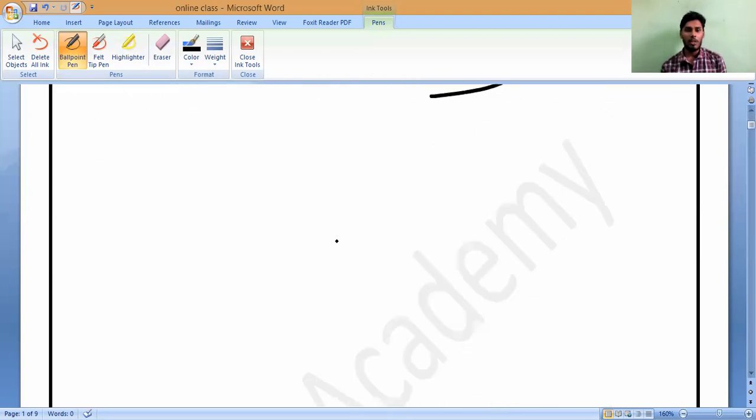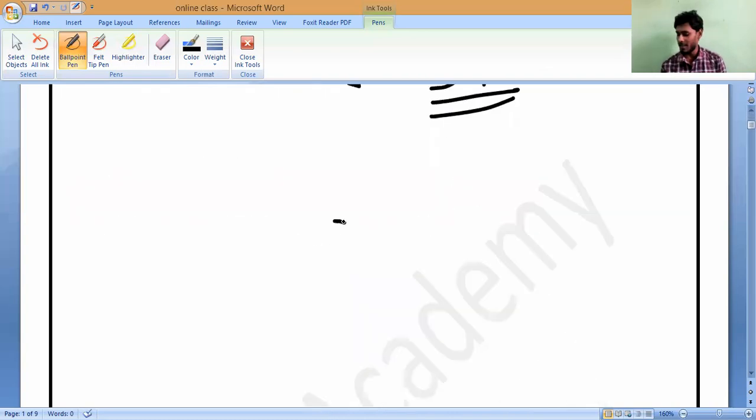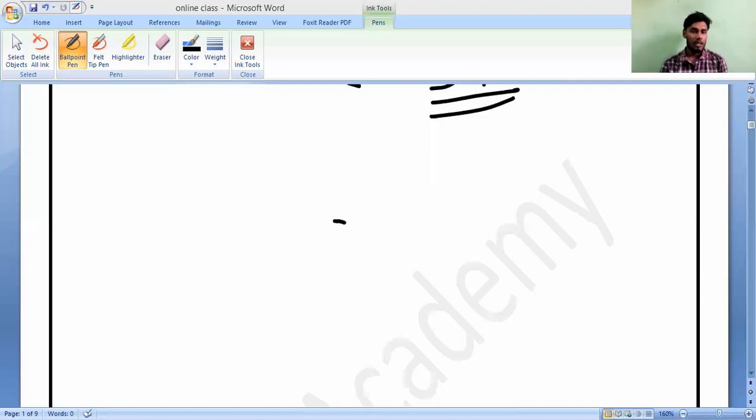If I am getting a fever, does my body temperature decrease or increase? My body temperature increases. So if I get a fever, my body temperature keeps on increasing so that I feel hot.